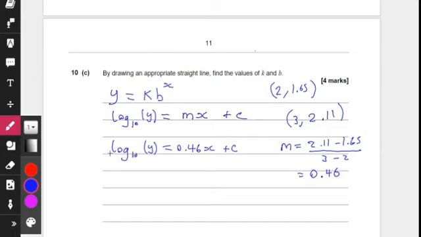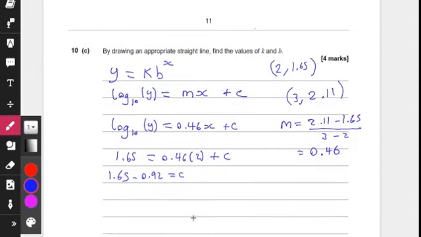So if we replace log to the base 10 of y with 1.65 equals 0.46 lots of 2, because that's your x, plus c, we get the 1.65 take away 2 lots of 0.46, which is 0.92 equals c.